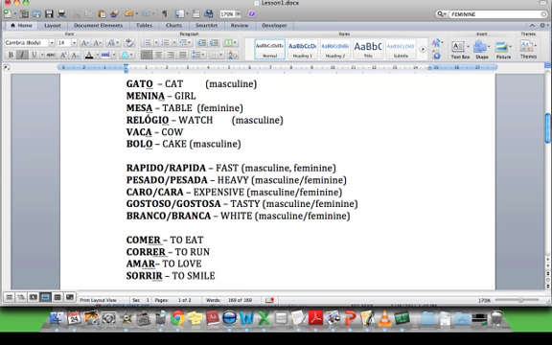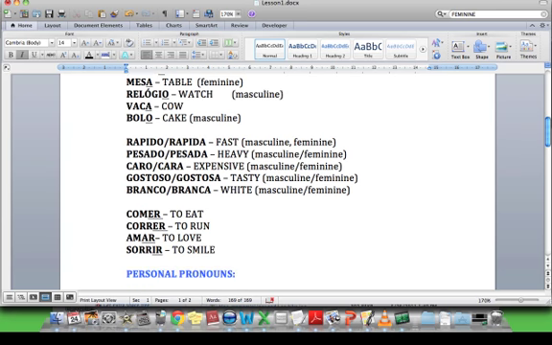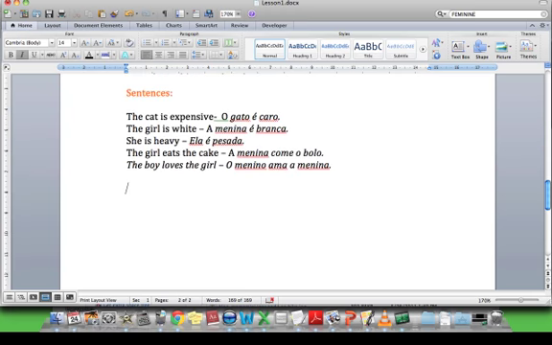Let me think. So let's say the cow. Okay, the heavy cow loves the fast cat. Whoa, crazy sentence. The heavy cow, the heavy cow, and you're going to realize I'm going to have a lot of crazy sentences in the future.